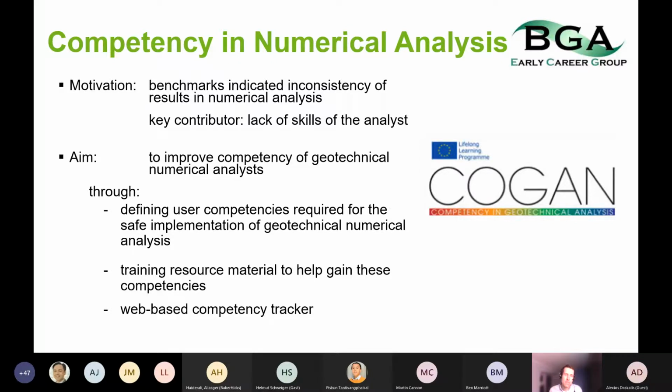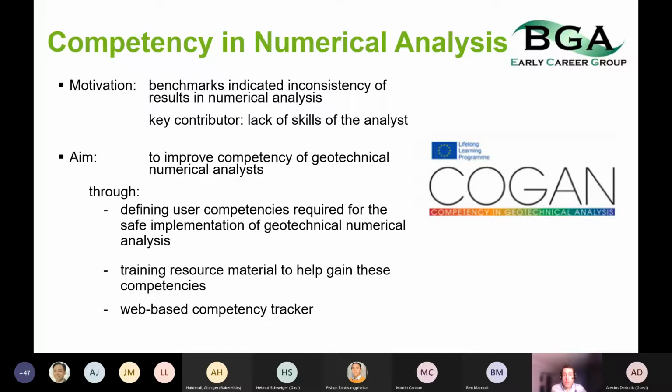The results that were received actually showed large differences. Upon further investigation, it was concluded that there was probably a lack of skill amongst the analysts that led to those discrepancies. And out of that, COGAN then defined its aim, which is to provide a competency framework for numerical analysis.